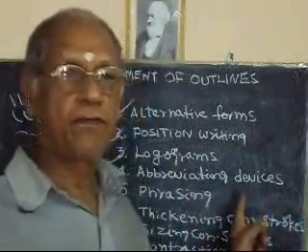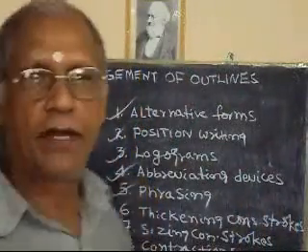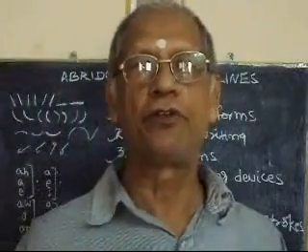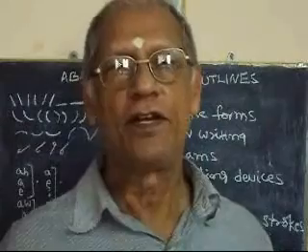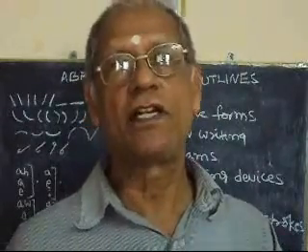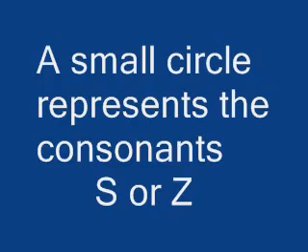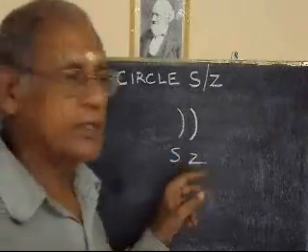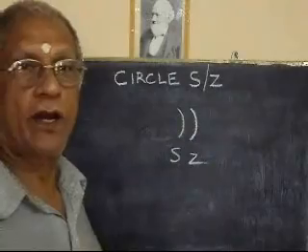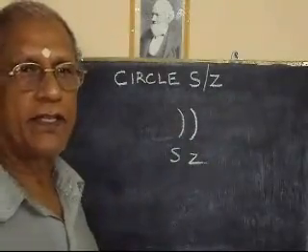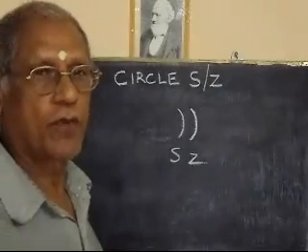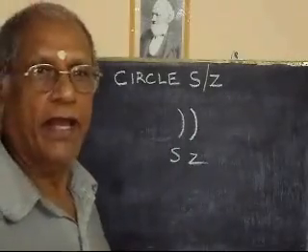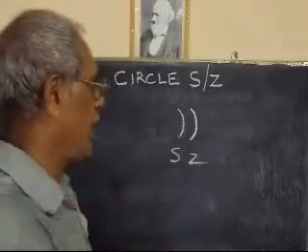In this method of abbreviating devices, we are going to introduce today a new device, a new method to represent the consonant sound. The consonants S and Z are not only represented by the basic forms, basic strokes, but also by a small circle.